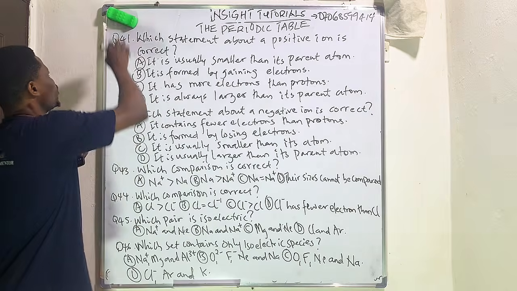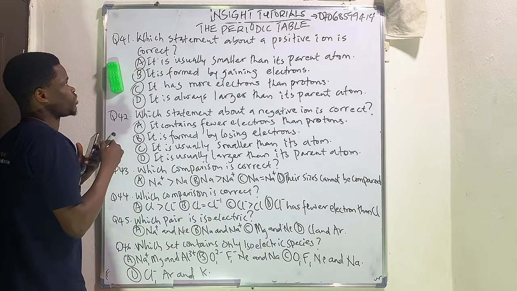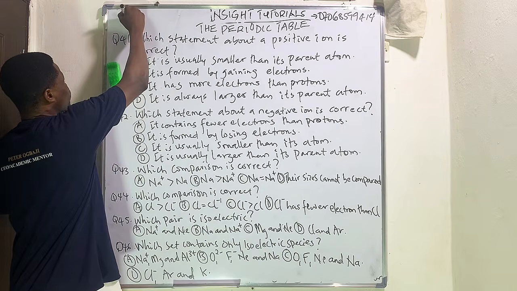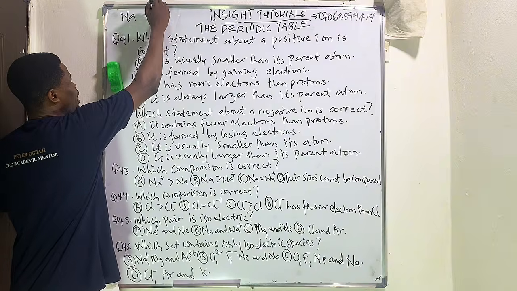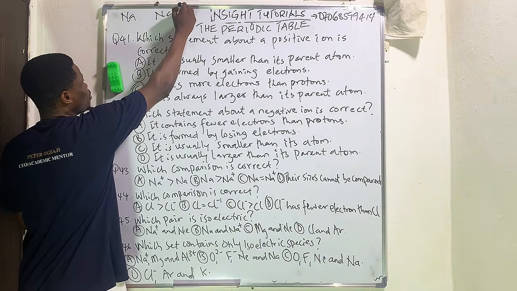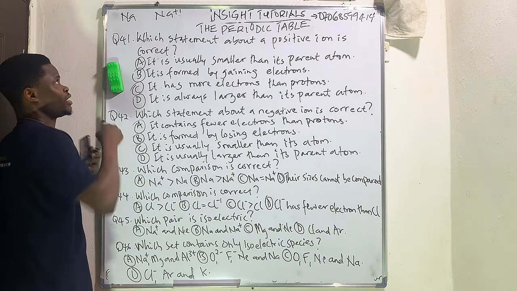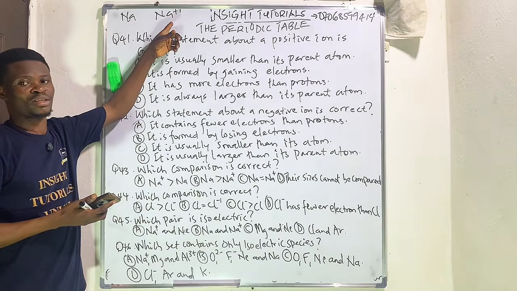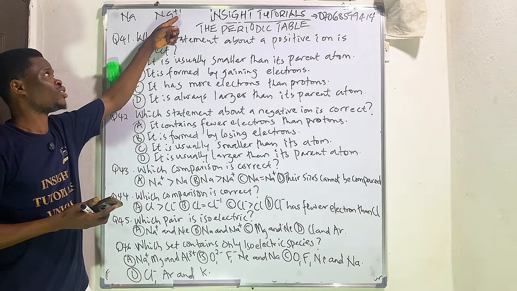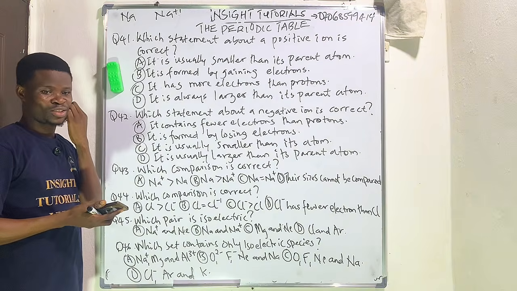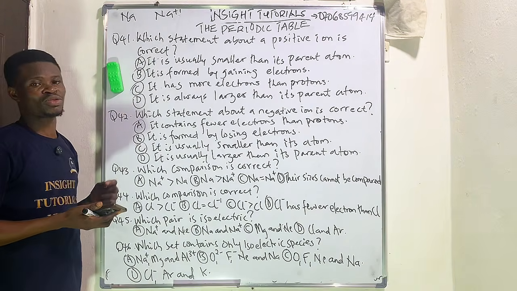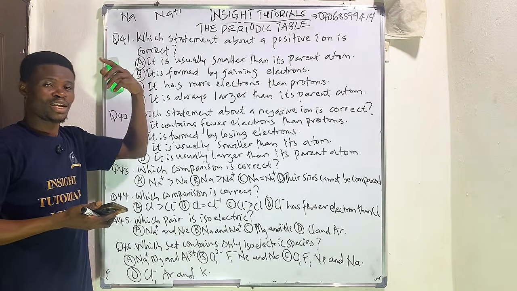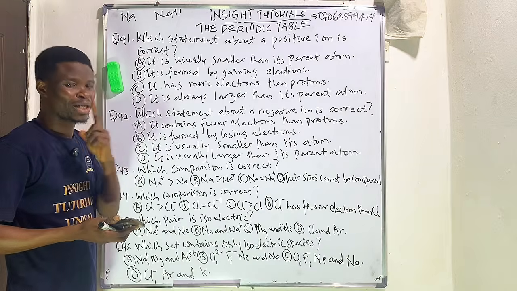So, for example, let me create space for something here. This is a sodium atom, and this is a sodium ion. It happens that when an element is in its ionic state, it is losing valence electrons. Since the sodium ion is positively charged, it's going to lose one electron.